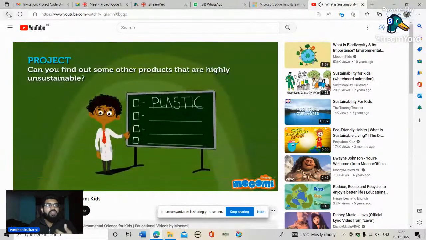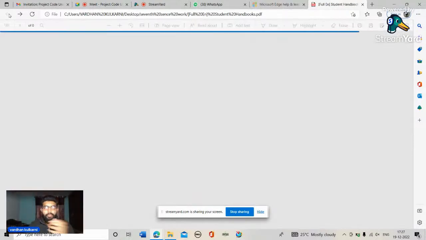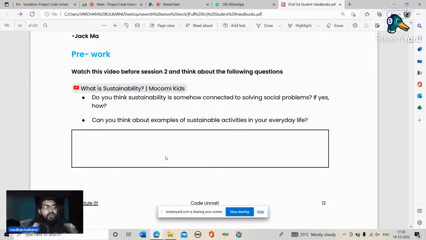Okay, let's get back to the session again. Do you think sustainability is somehow connected to solving social problems? Obviously, social problems are directly or indirectly connected to sustainability.